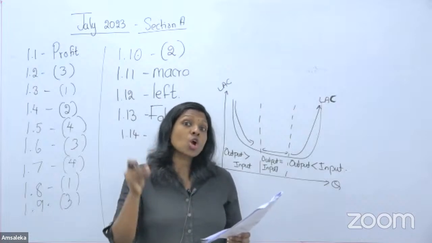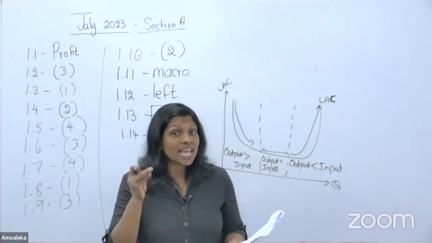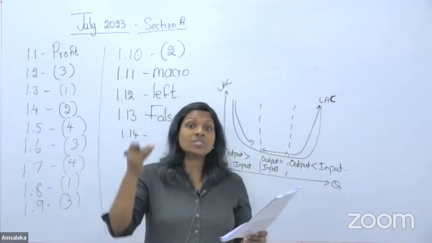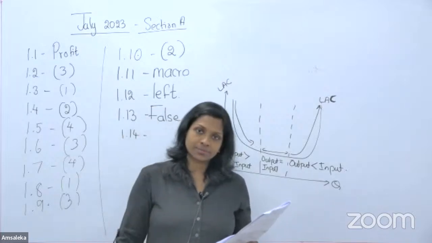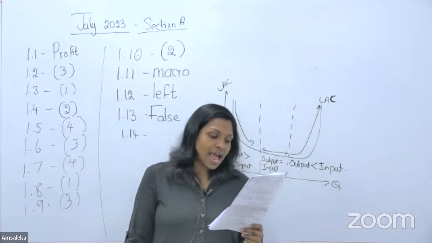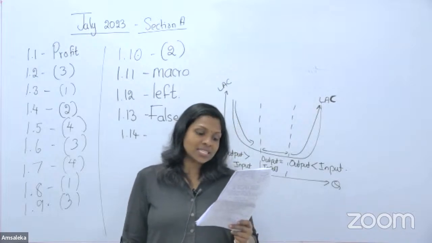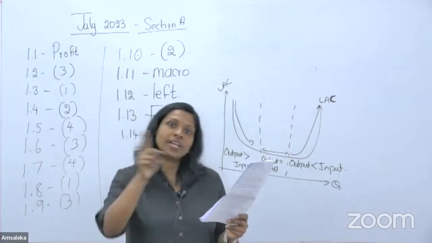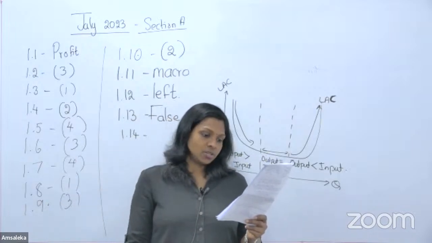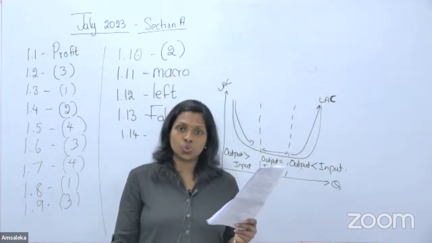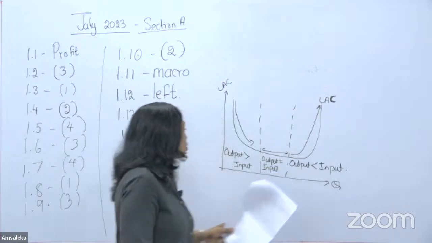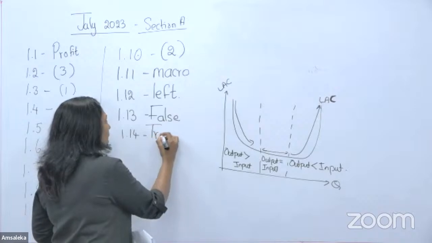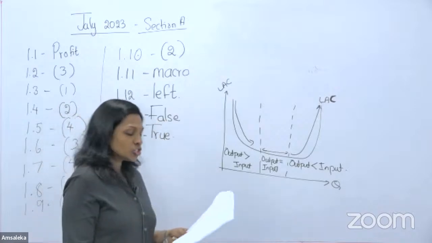So it's about marginal cost. Therefore, it's about the additional cost to produce an additional 1 unit. So let's see. It is the addition to the total cost as a result of production of an additional unit. Correct. So the answer is what? False or true? The answer is true.